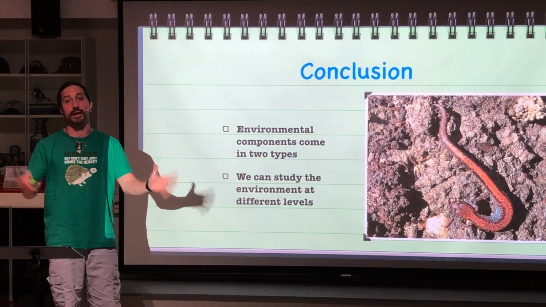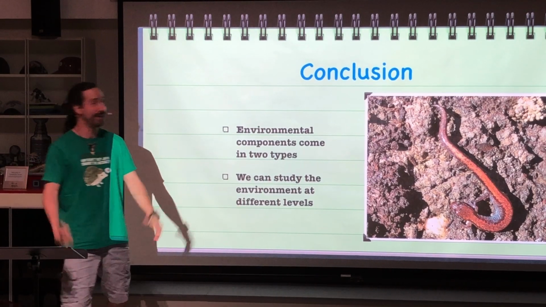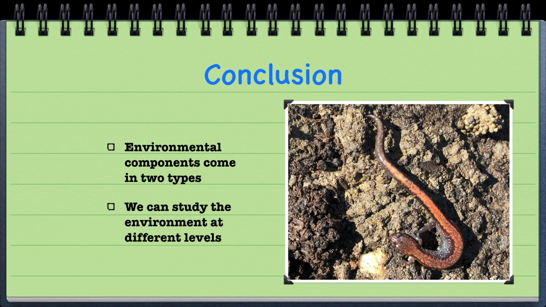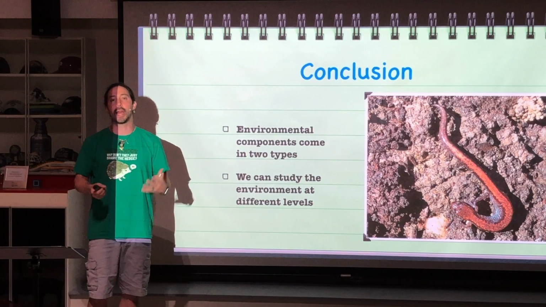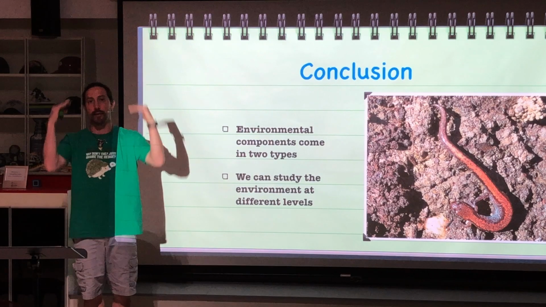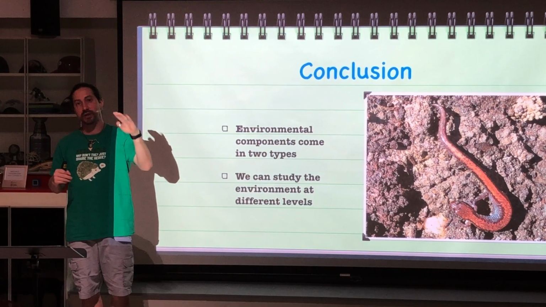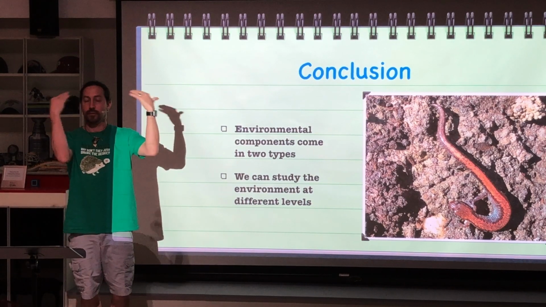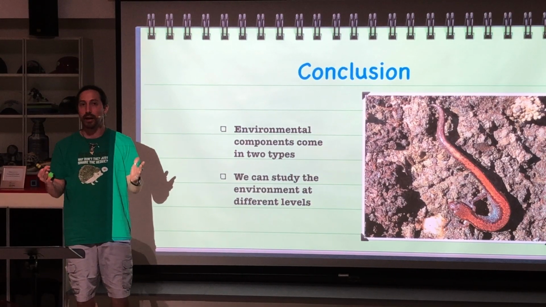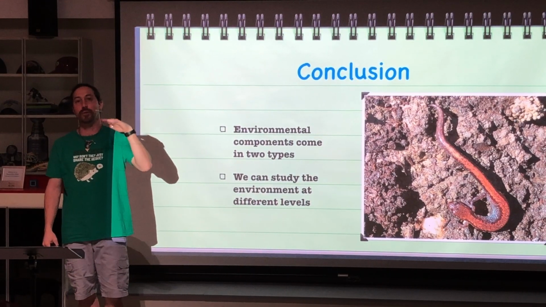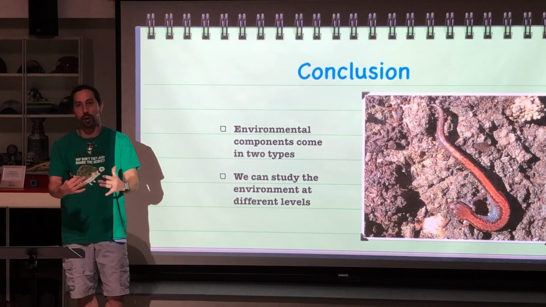So very simply, in conclusion, the environmental components come in two different types: abiotic, non-living, and biotic, living. And when we are looking at the environment, we are going to look at it based upon different levels, whether it's the biosphere or the biome or an ecosystem, or moving just into the biotic realm with a community, population, or an organism.